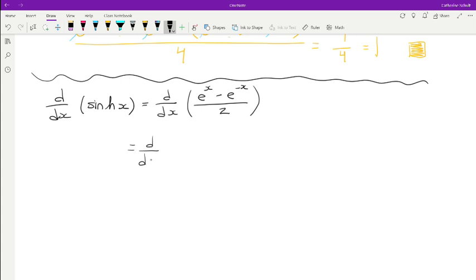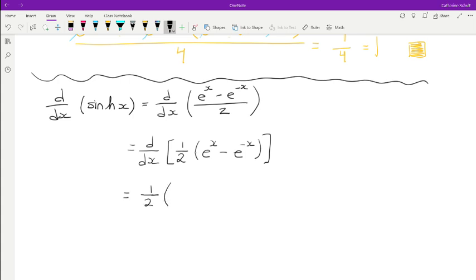So I don't have to use the quotient rule. I'm just going to pull that 1/2 out to the front. So dividing by 2 is like multiplying by 1/2. And so I'm just going to focus on taking the derivative of e to the x minus e to the negative x, okay? According to our rules, we can worry about the constant at the end.